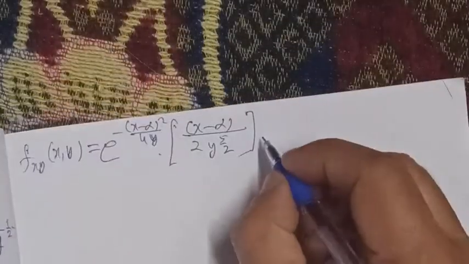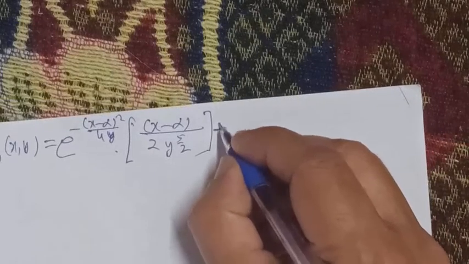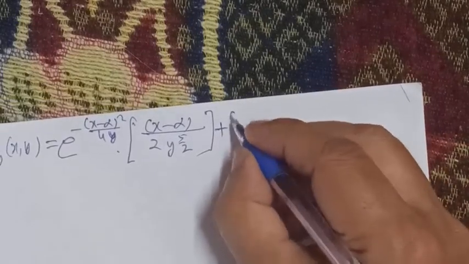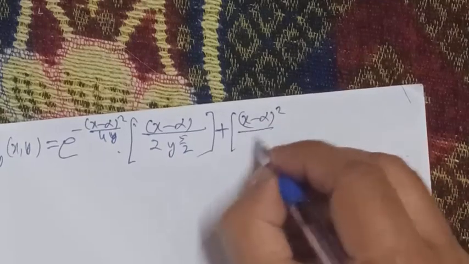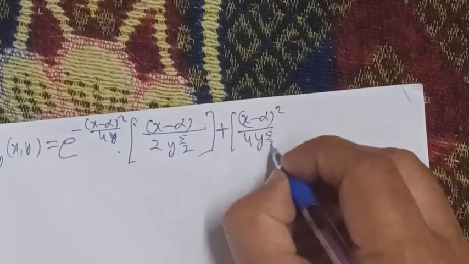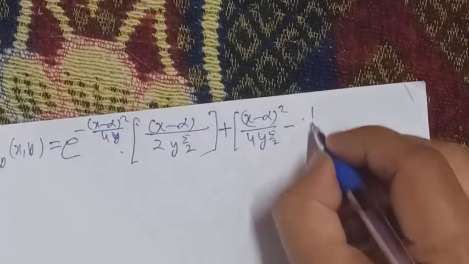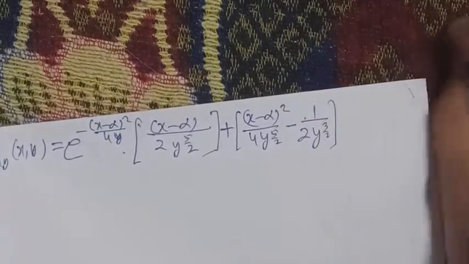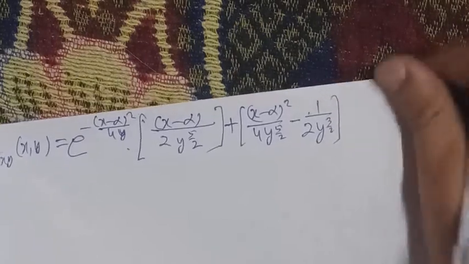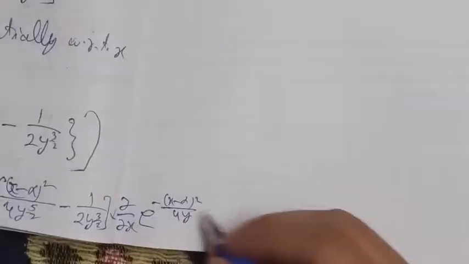So I write this bracket as a whole, plus (x minus alpha) whole square upon 4y to the power 5 by 2, I write the whole bracket as it is without any change, 2y to the power 3 by 2. And now we have to differentiate. The differentiation of e to the power x is e to the power x.